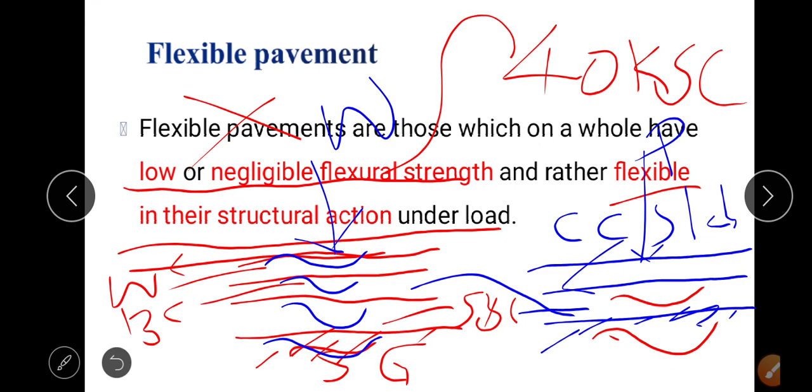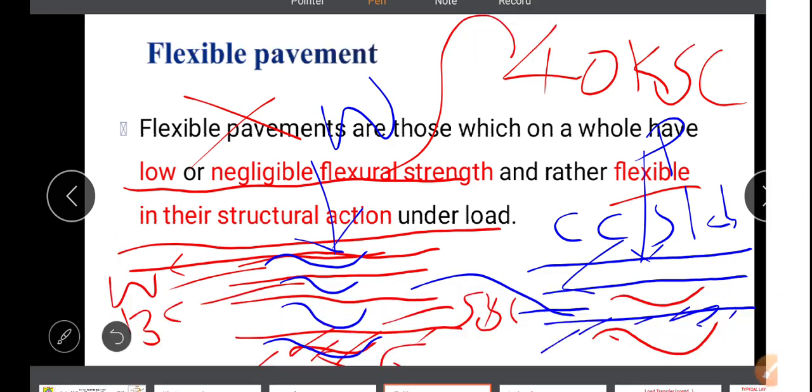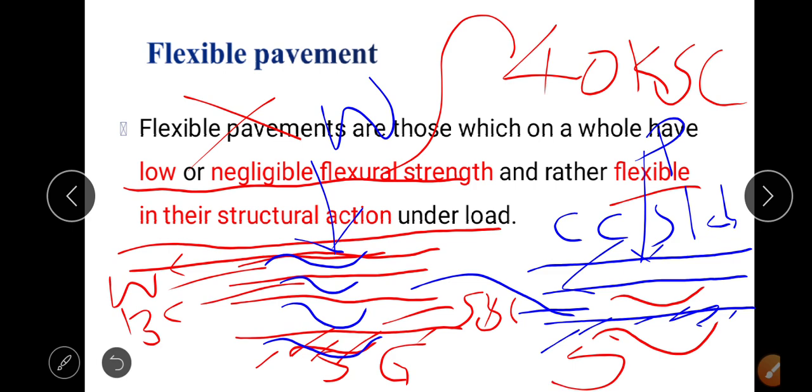Thereby, technically, it is very strong. This is weak with respect to structural action. This is the structural action difference between flexible pavement and rigid pavement. Therefore, the life period of this is very high, at least 50 years.